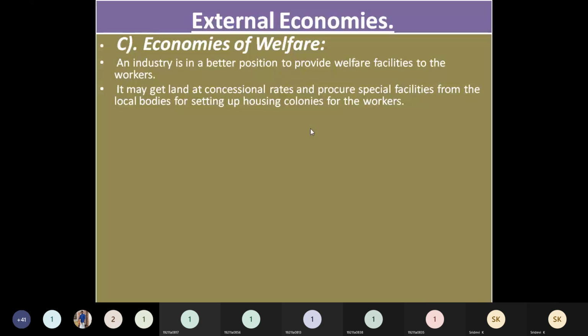If you are having a colony at a particular area that is not developed, the government is ready to give you some concessional facilities, like transportation facility, etc., to develop that area. So you can request that from the government and develop that area.